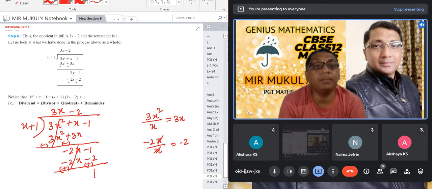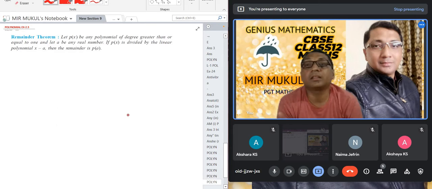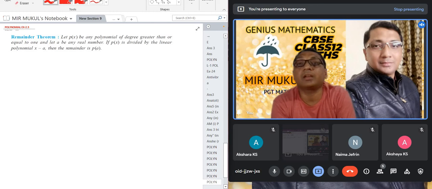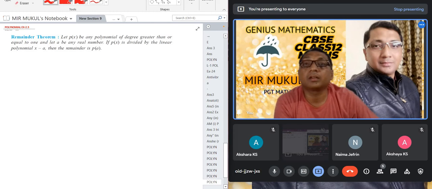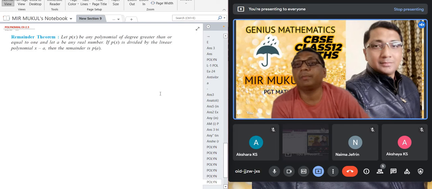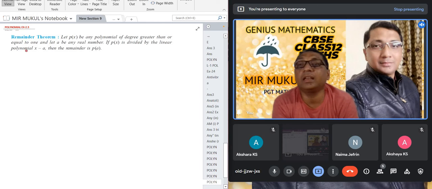Here we got the remainder, but in this exercise we learn the remainder theorem. So what is the remainder theorem? Try to understand. According to the remainder theorem, let P(x) be any polynomial of degree greater than or equal to 1, and let a be any real number.